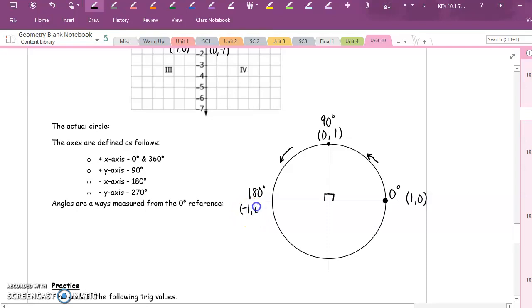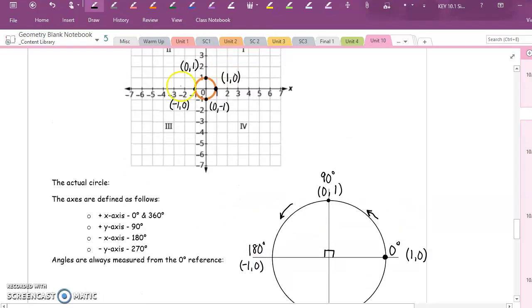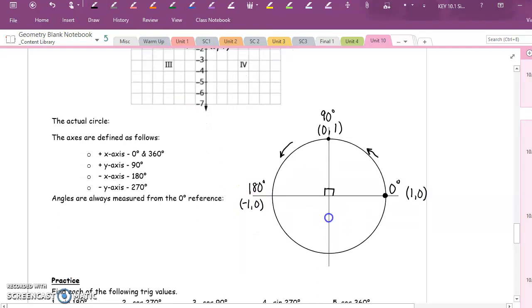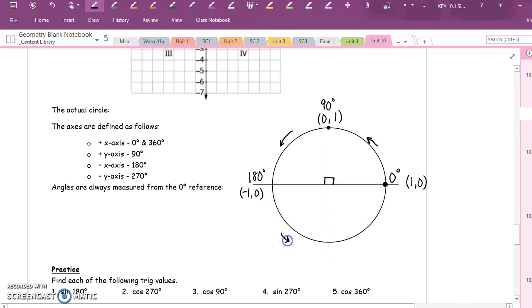So we have -1, 0, just like we did on our grid. Keep going around in a circle. So we're at 270 degrees. So we're at 0, -1. And then finally, we end up at 360 degrees, which is 1, 0.